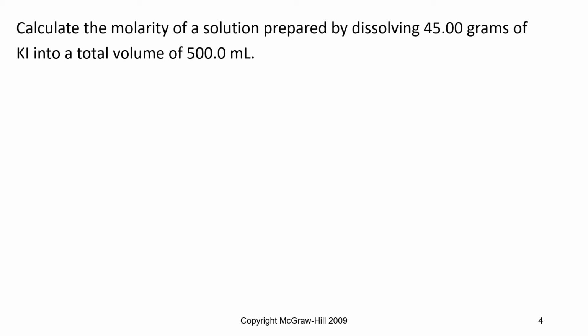We're asked to calculate the molarity of a solution prepared by dissolving 45 grams of KI into a total volume of 500 mL. So remember, molarity equals moles of solute.